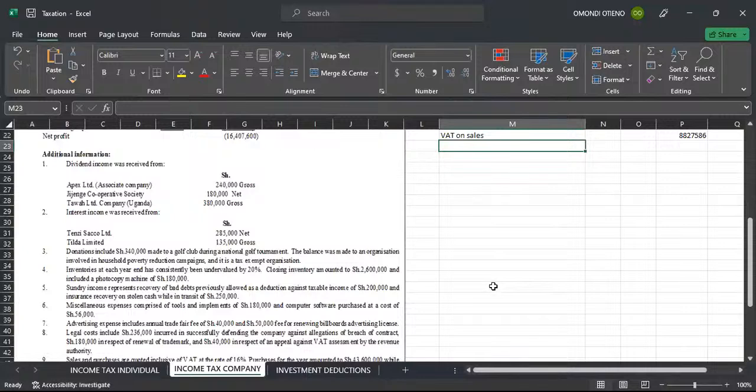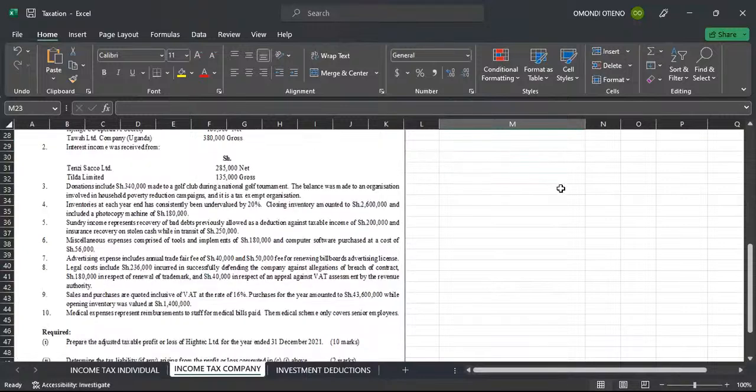For those who are asking about the photocopying machine, I want us to get it from this. Where is 64 million coming from? Can you look at the income statement and tell me the value of sales? What is the value of sales from the information given up there, the income statement? So that's where we got the 64 from.